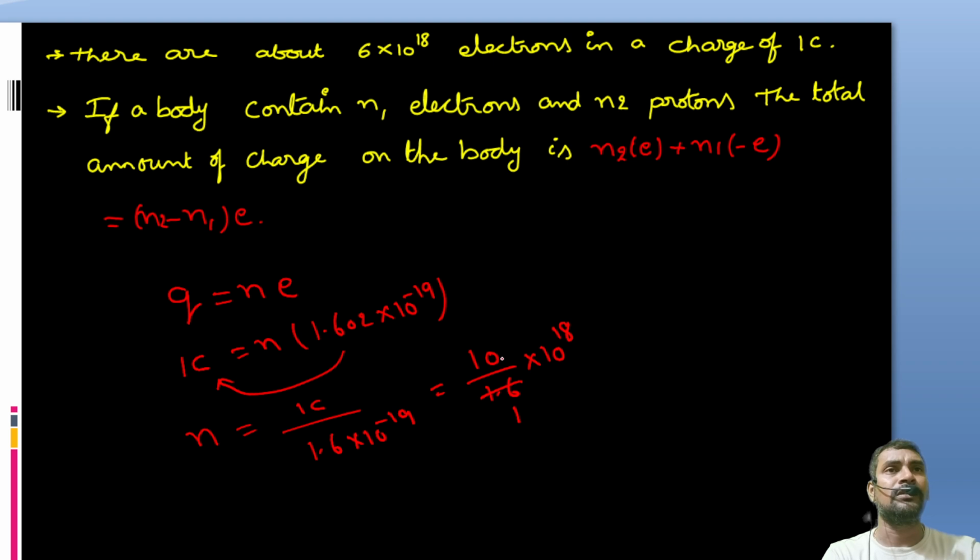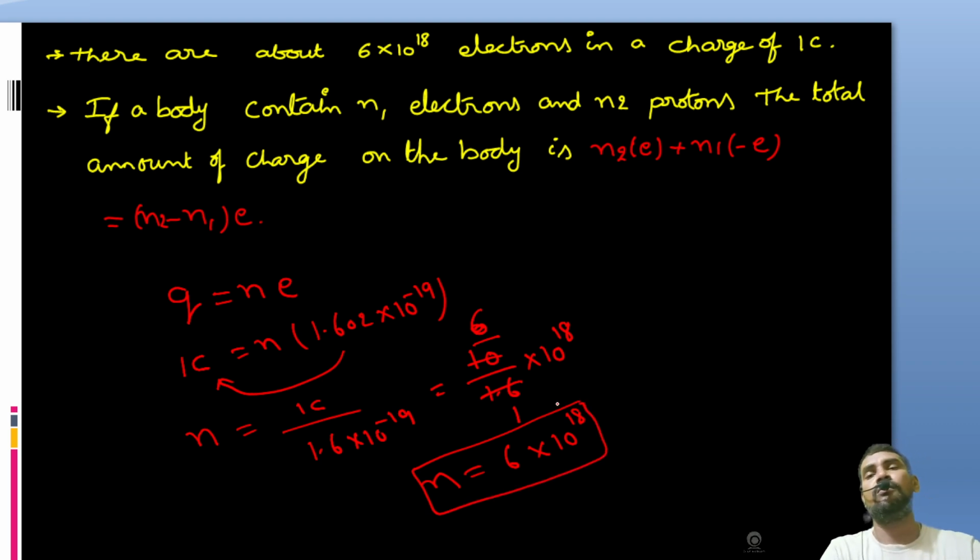So it is around 6 point something, so I am taking near to 6. So 6 into 10 to the power of 18 electrons, that will be the N. So in 1 coulomb of charge, there will be 6 into 10 to the power of 18 electrons.